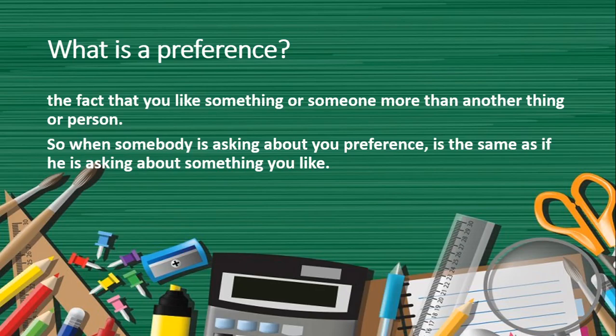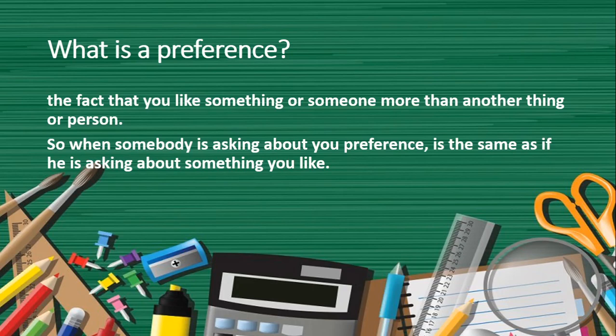The fact that you like something or someone more than another thing or person. That is a preference. So when somebody is asking about your preference, it's the same as if he is asking about something you like. So with this said, we know that a preference is something that you like more than another thing.